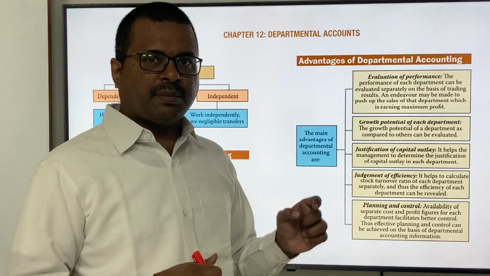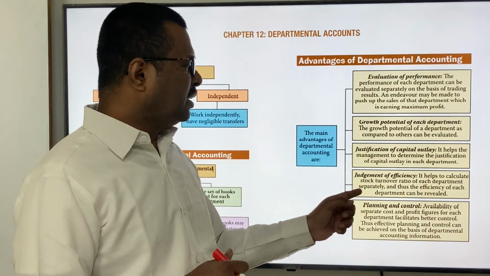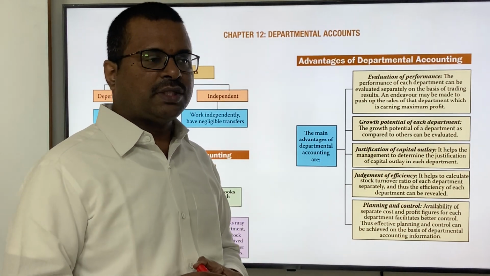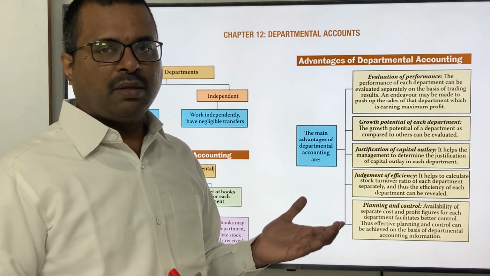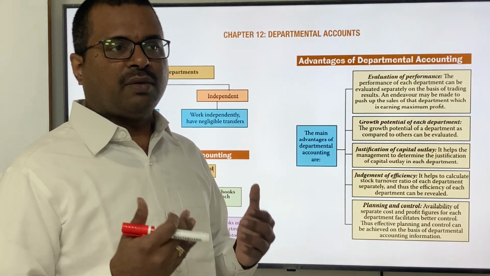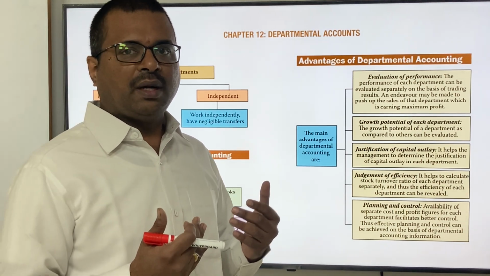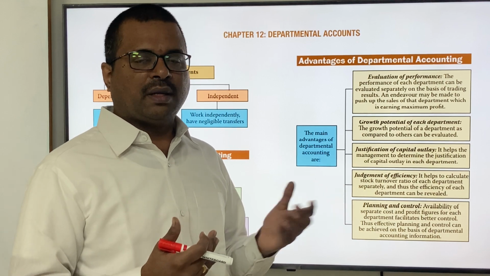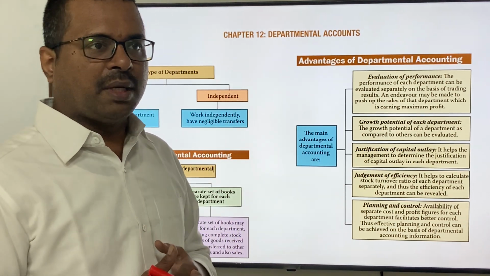When the accounts are prepared department wise, then there is a scope to calculate the stock turnover ratio, which says what stock is maintained, what turnover it is taking, and what the stock efficiency ratio is, so that accordingly the decision can be taken.